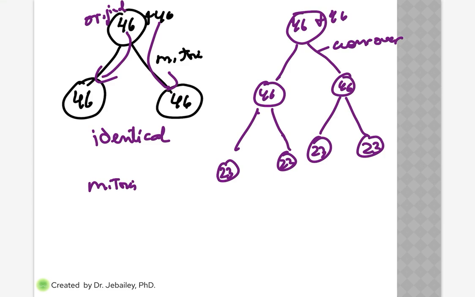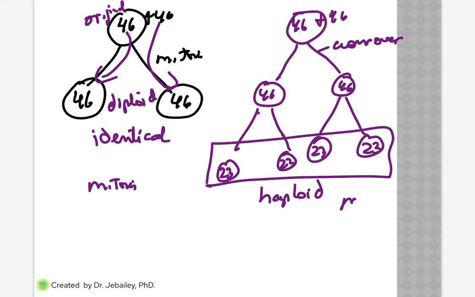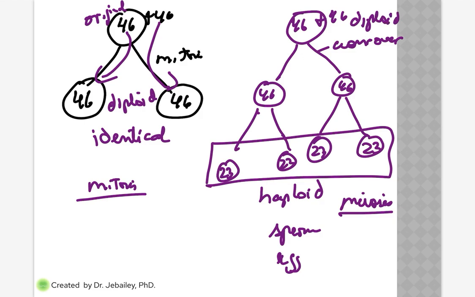So these, for instance, now are considered haploid, while these ones continue to be diploid. Now, this is usually what happens in meiosis, and this is when you're producing sperms and eggs. So that's the difference between mitosis and meiosis. In mitosis, you always go from a diploid to a diploid, and in meiosis, you go from a diploid to produce a haploid.